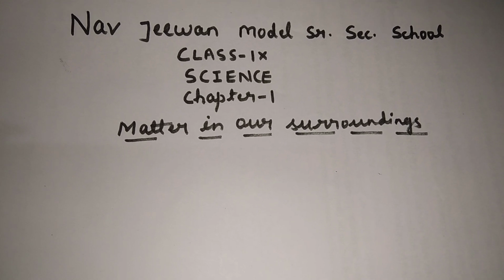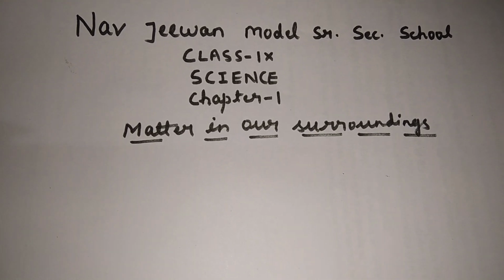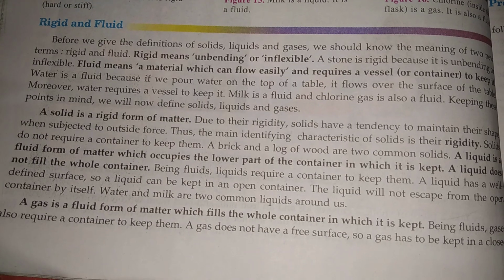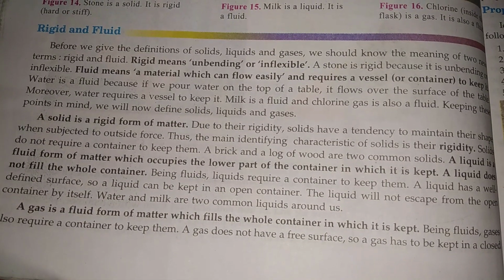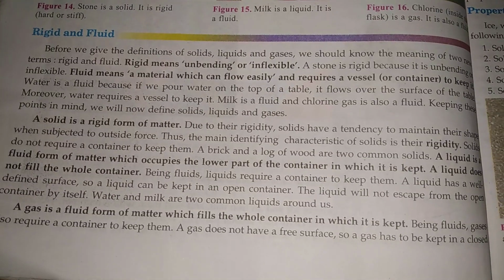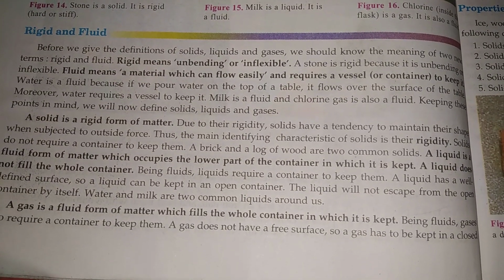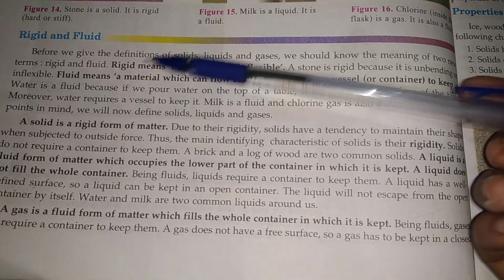two terms. First is rigid and second is fluid. So let's understand these two terms. Rigid means unbending or inflexible. For example, this pen.